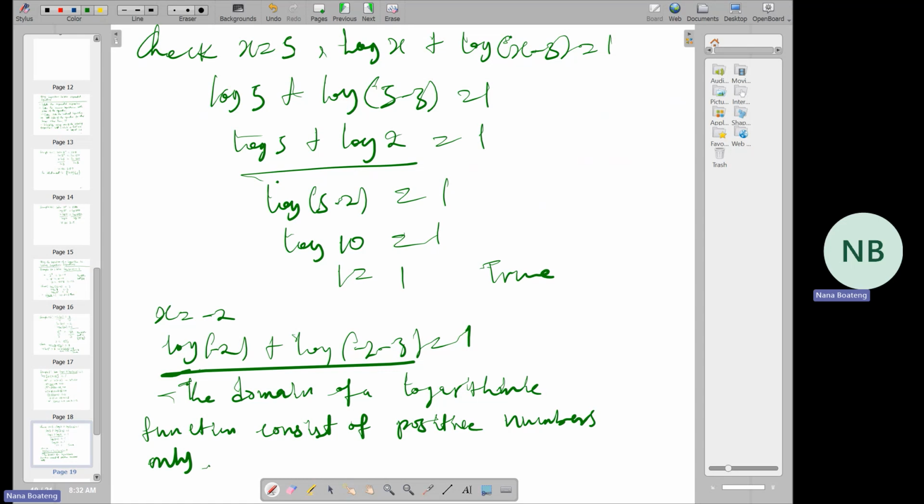So we don't find the log of a negative number. That means the solution set consists of only 5.